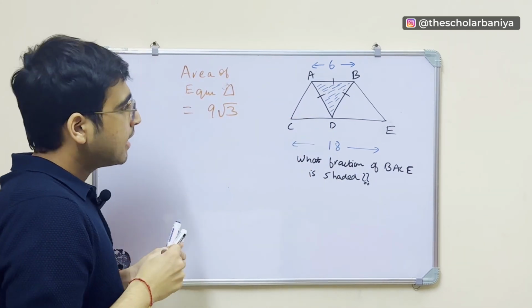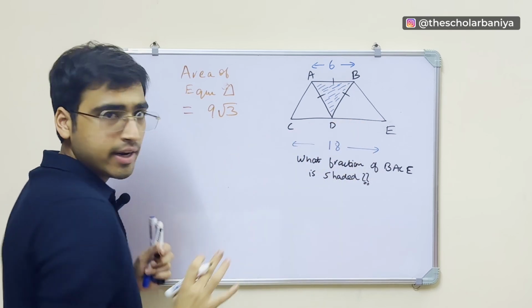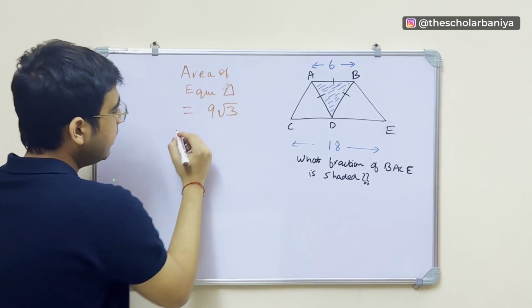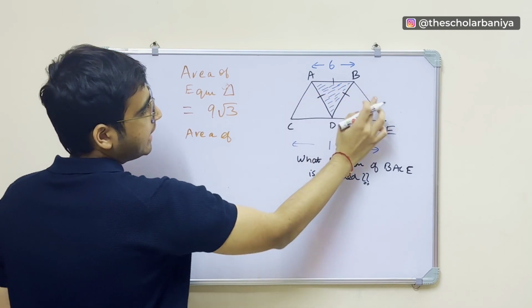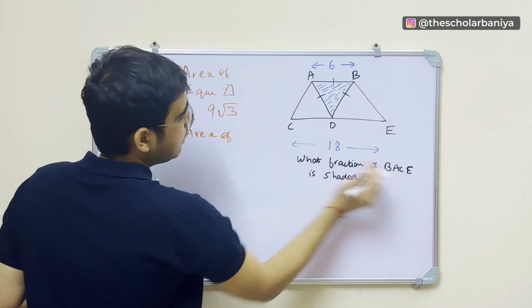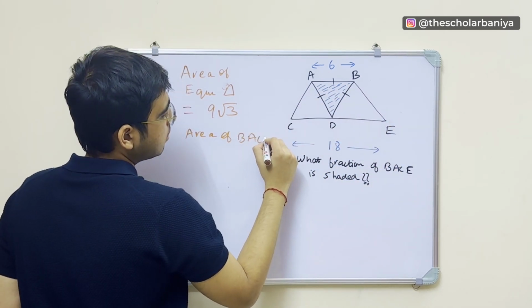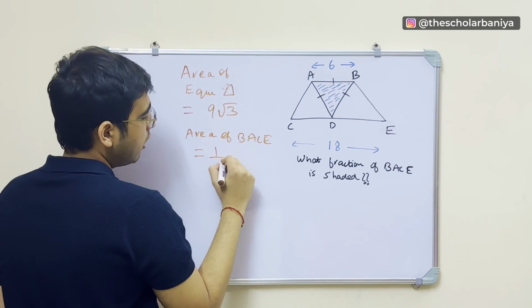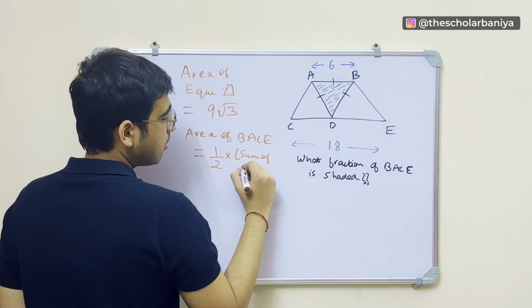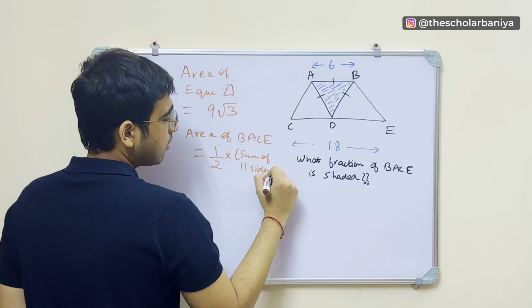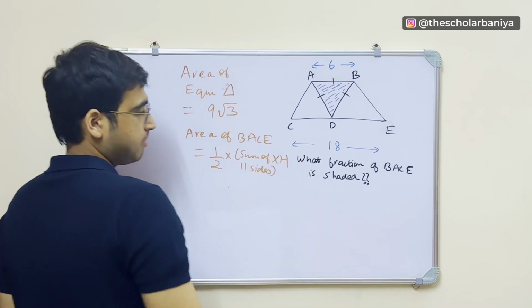Okay. Now what is the area of a trapezoid? The area of the trapezoid, which is ABCE, is how much? Half into the sum of parallel sides into height.